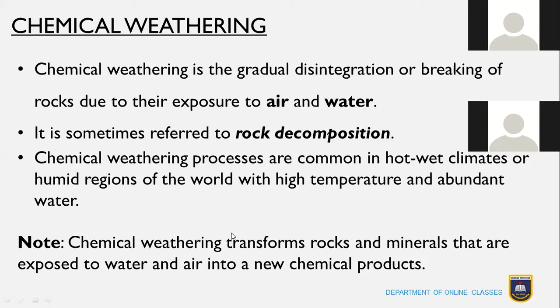Unlike physical or mechanical weathering, where the chemical composition, the structure, and perhaps the appearance of the rock has not been tampered with, in chemical weathering or rock decomposition, the minerals in the rocks exposed to water and air are transformed completely into a new chemical product. So we have end products of these processes. Very, very important. All right, so we'll continue.